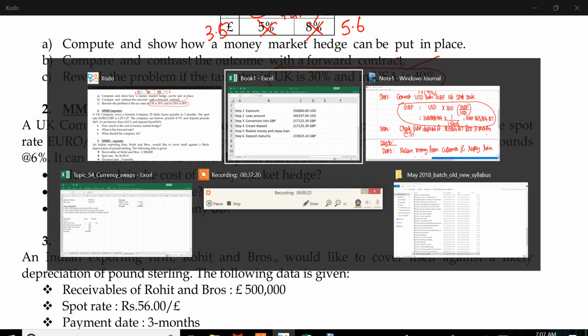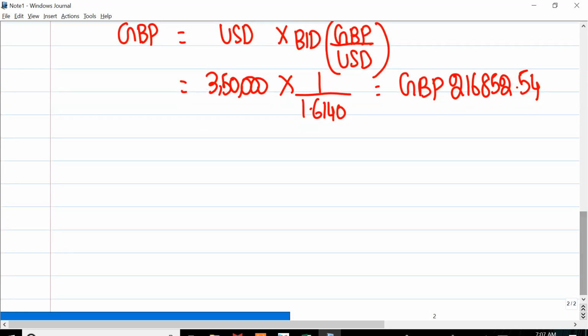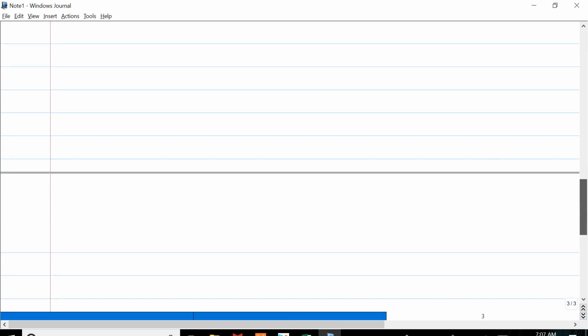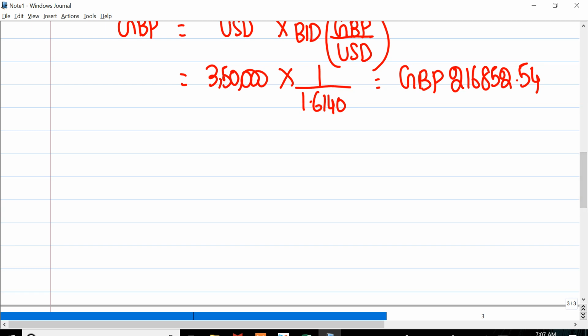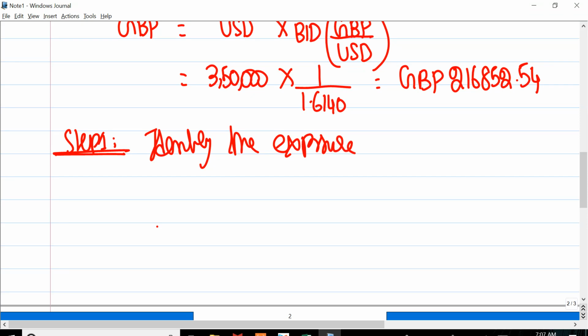So let's start. Step 1. Identify the exposure.